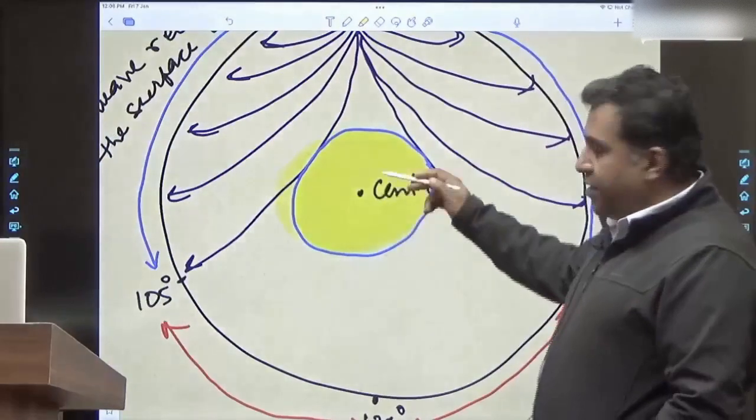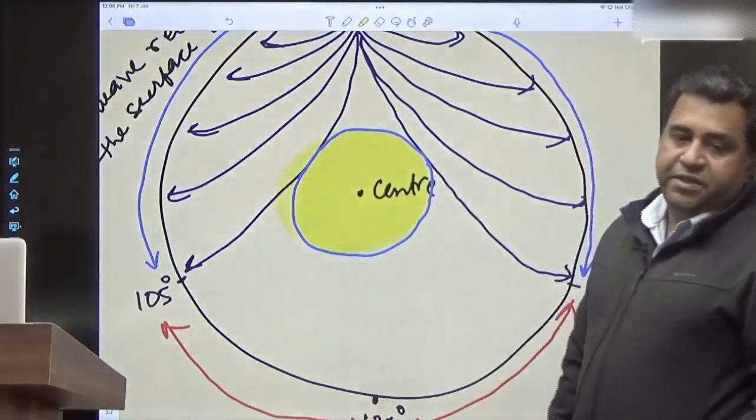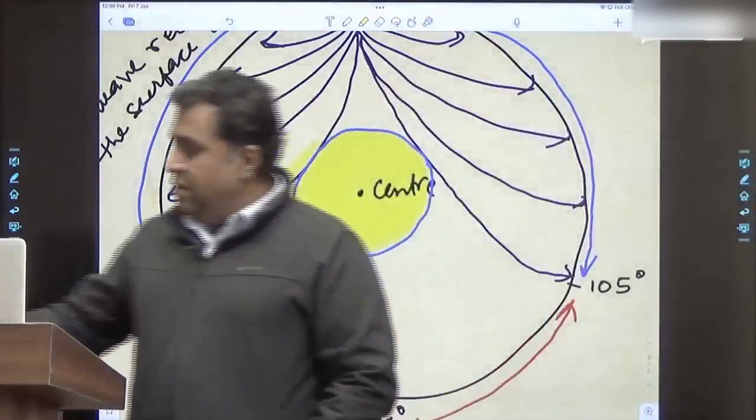I have drawn it here, you can see. Denser liquid state region through which S waves are not able to pass.